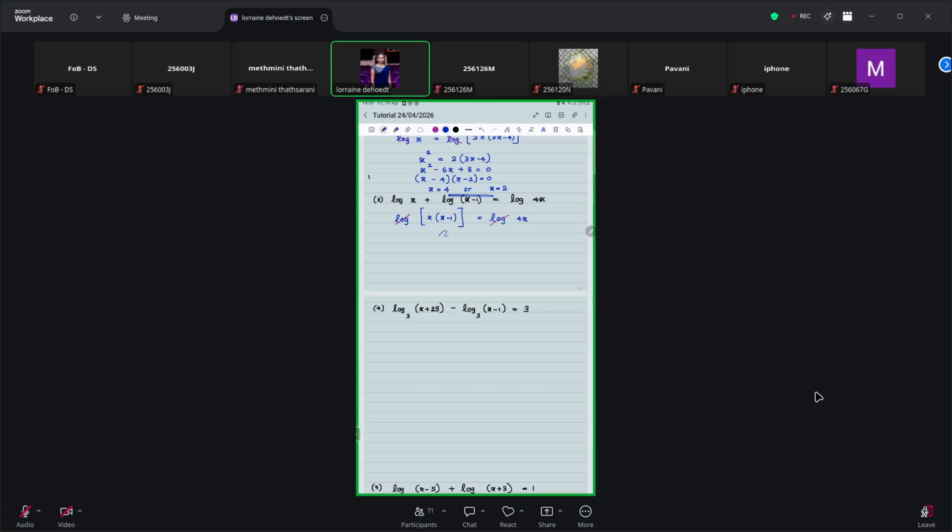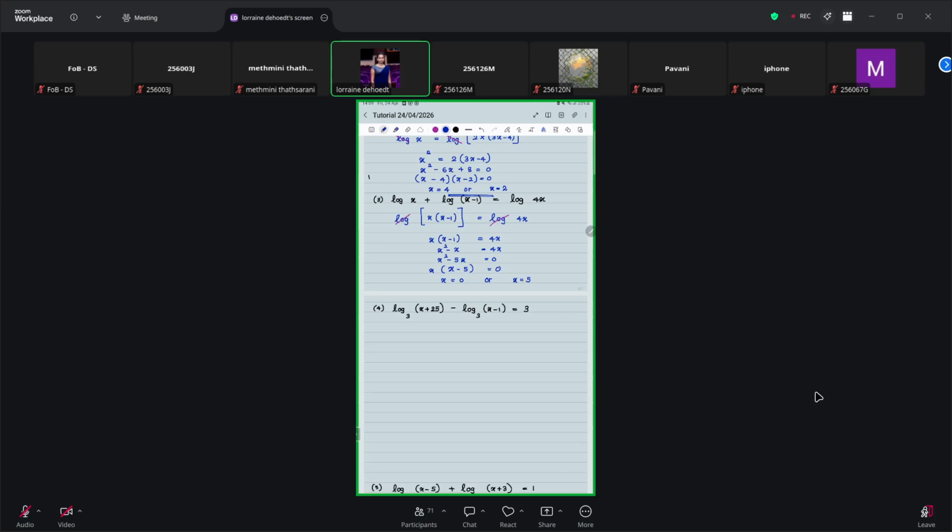Then what happened? The left hand side x into x minus 1 equals 4x. Now you can simplify this as x squared minus x equals 4x. That means x squared minus 5x equals 0. Then you can factorize this one, and then x equals 0 or x equals 5.